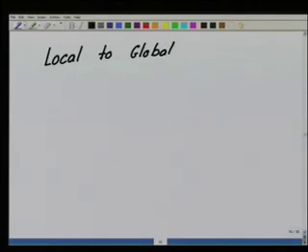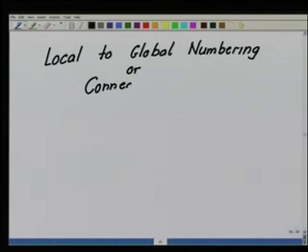So what had we done earlier as far as this information is concerned? We had created a local to global numbering, or many times it is called the connectivity information. So this connectivity information has to be constructed.